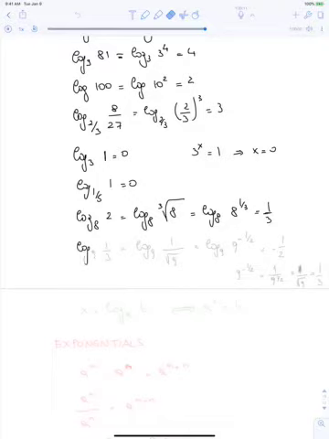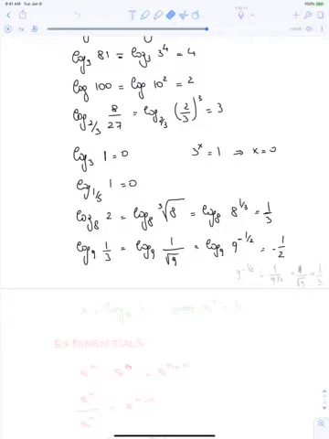Log base 9 of 1 divided by 3, well, this is the log base 9 of 1 divided by the square root of 9, which is the log base 9 of 9 power minus 1 divided by 2, which is minus 1 divided by 2.